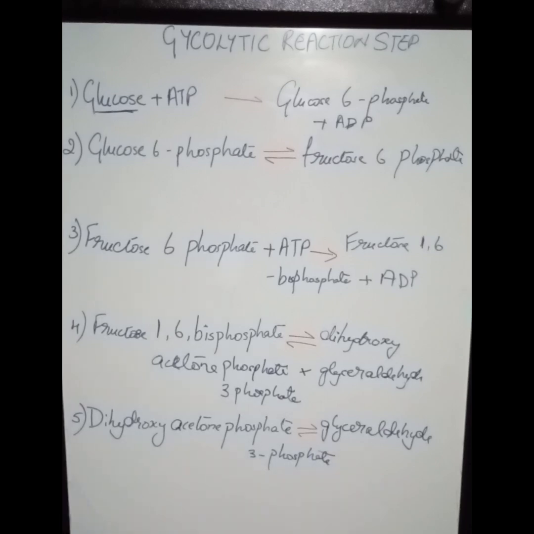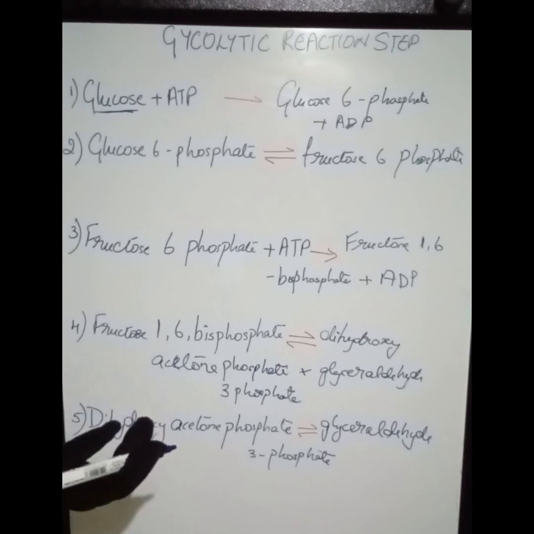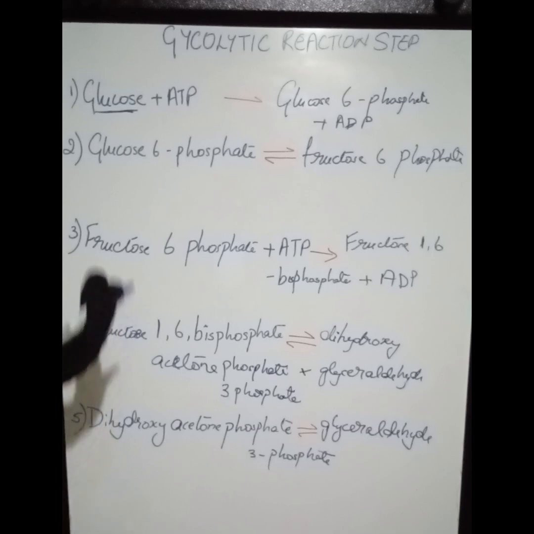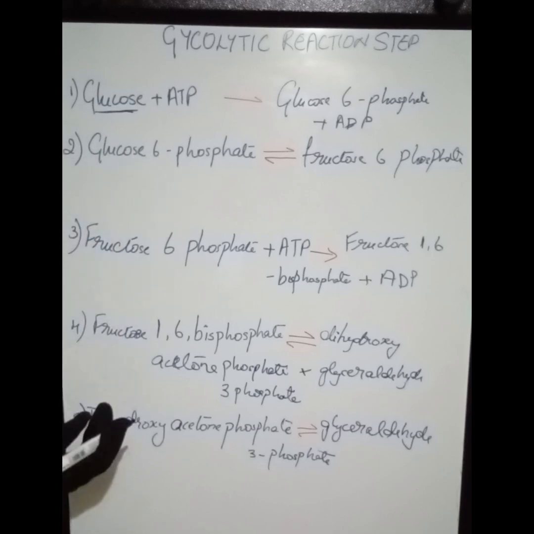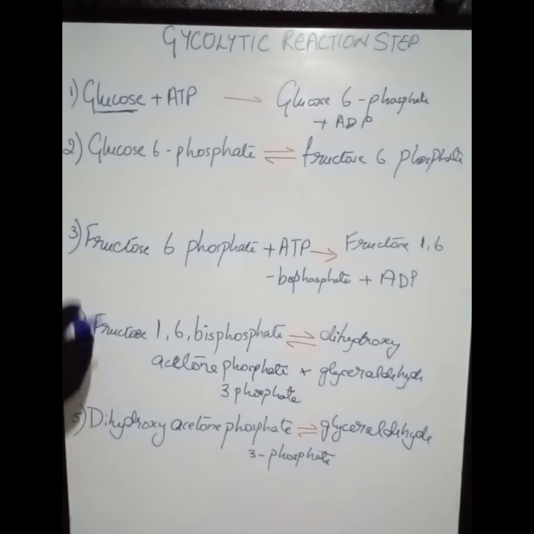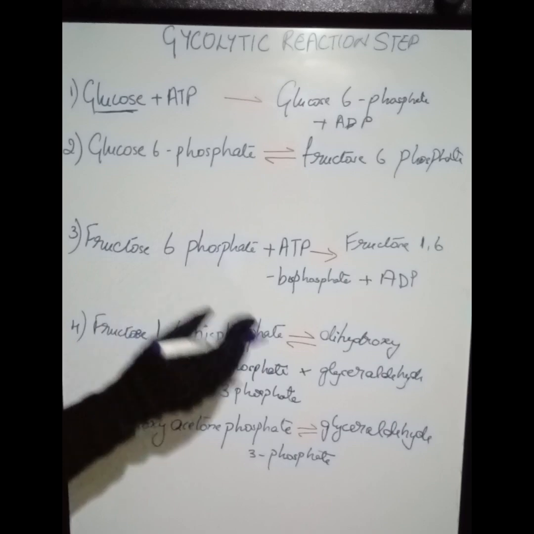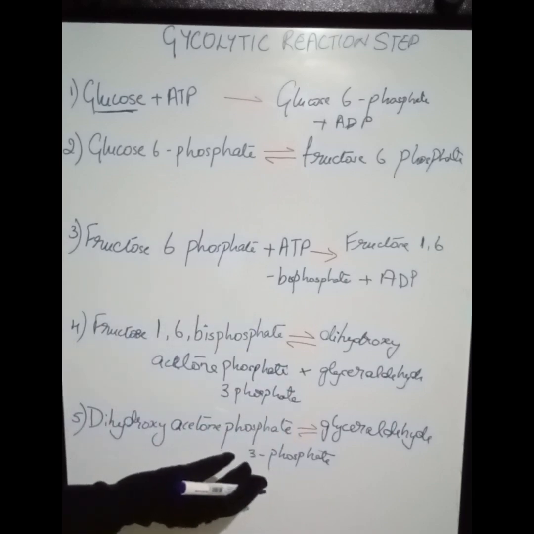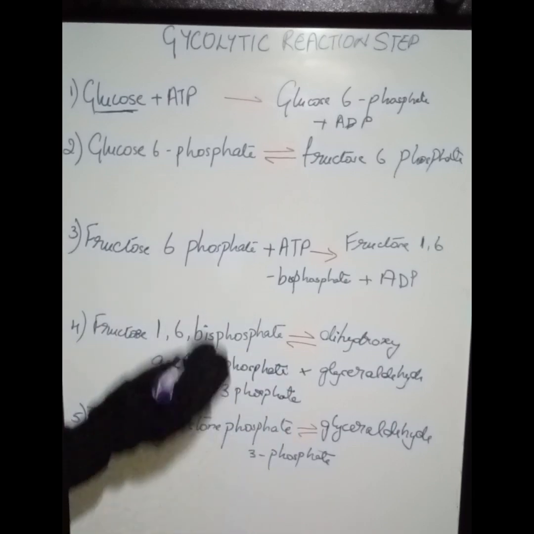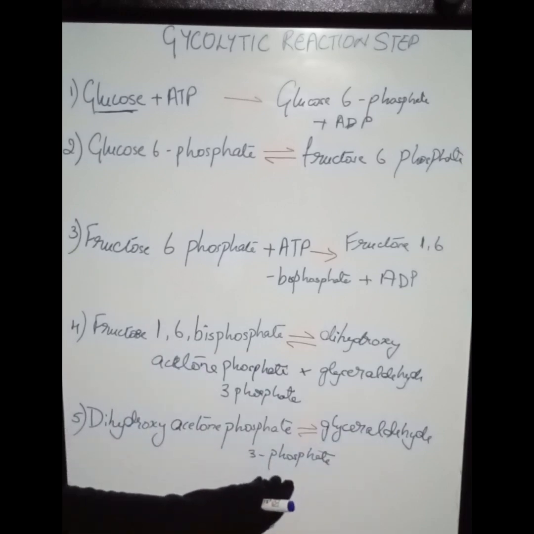So, glycolytic pathway, which is a catabolic reaction which happens in the cell, consists of 10 steps. The first 5 steps involve where the glucose molecule consumes 2 ATP molecules to produce your glyceraldehyde 3-phosphate. So it has 5 reaction steps to produce this glyceraldehyde 3-phosphate.